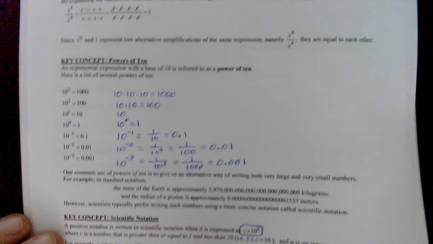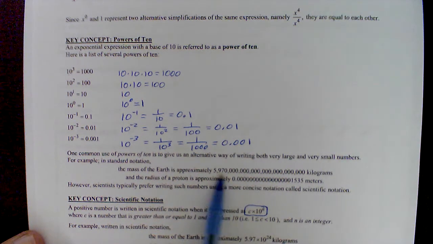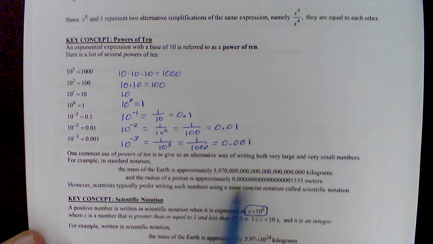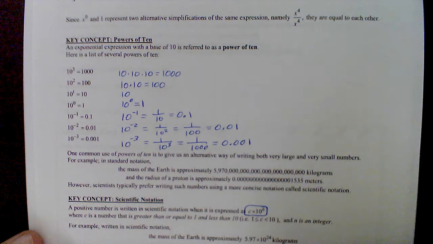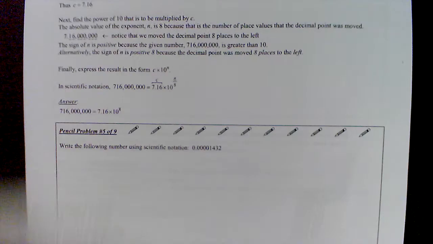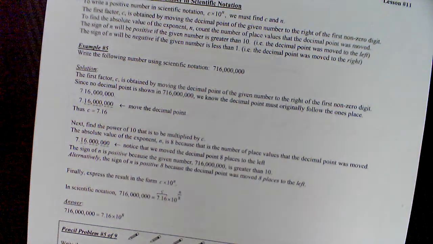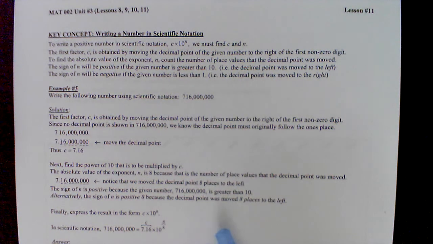Oh, I just wanted to point out, here's the mass of the Earth here. Look at all those zeros. Here's the proton. Look at all those zeros. Okay. So what our job will be is to convert between the two forms, between standard form and the form using scientific notation.